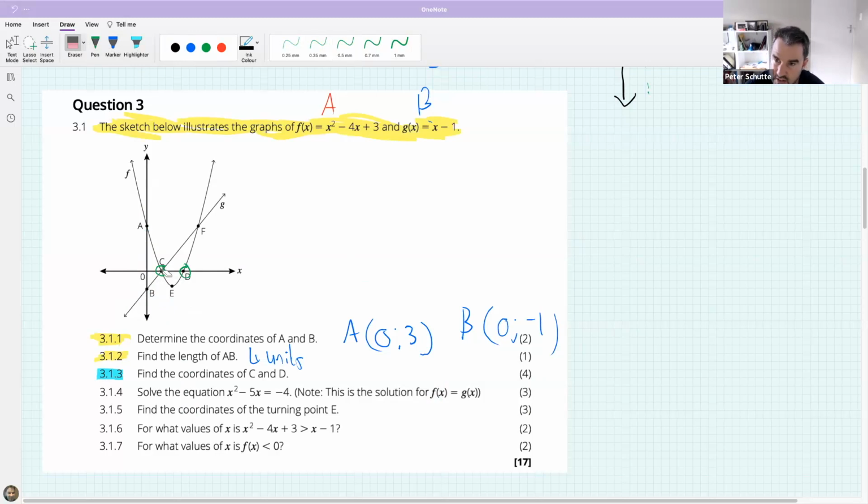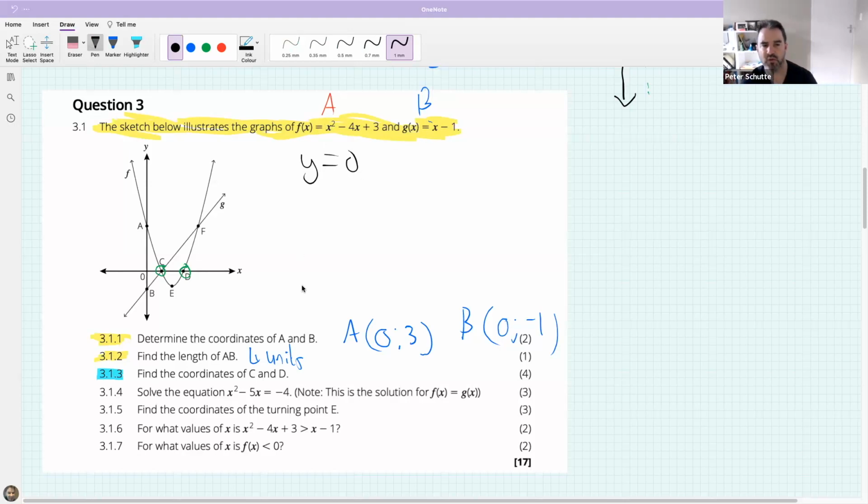So one of them is an intersection point, but actually I think these are, like Mbali and Zanele are indicating, x-intercepts. And in order to find the x-intercepts, you need to make y equal to 0. But we have to make sure we choose the right function. Are we going to work with f or with g?